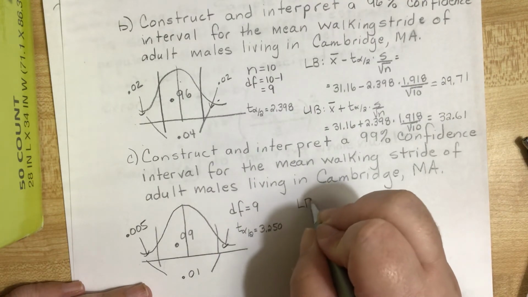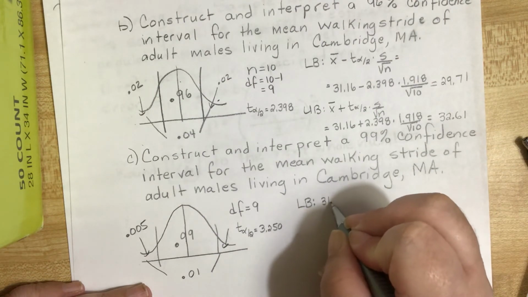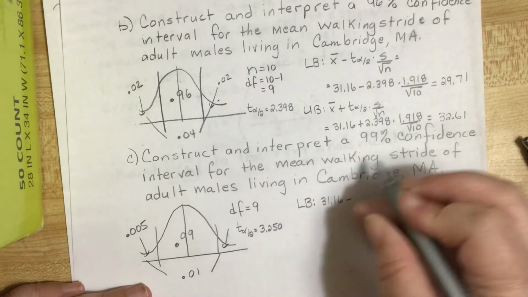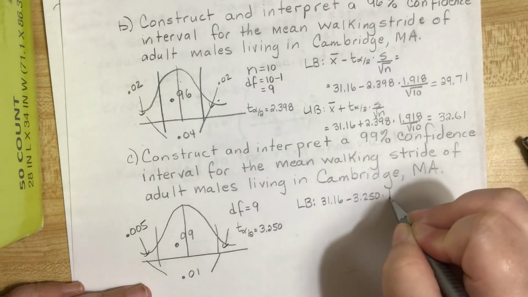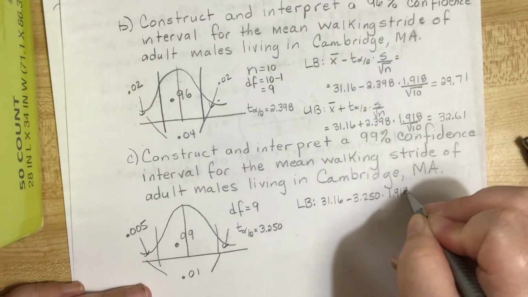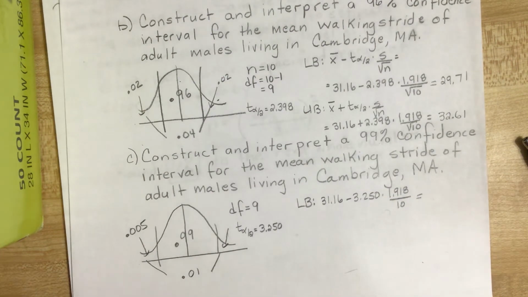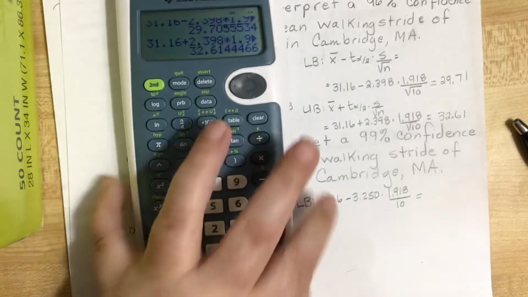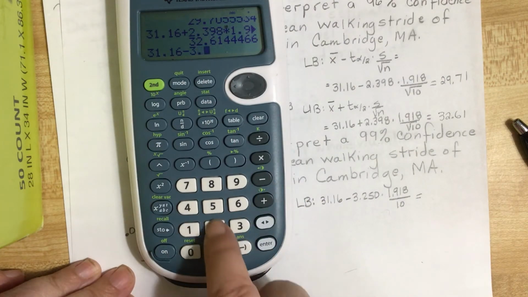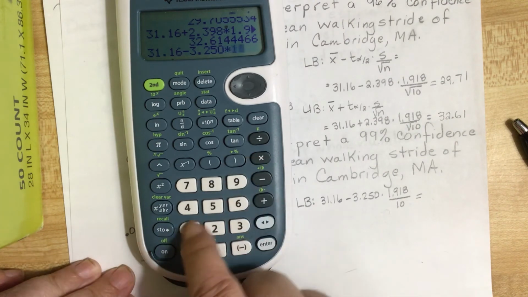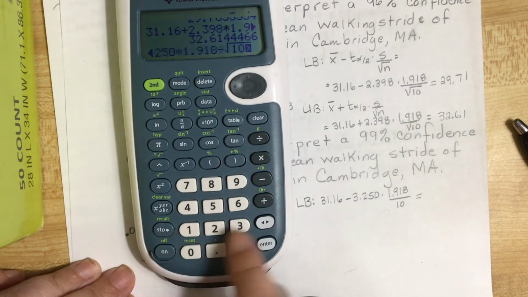So you have 31.16 minus 3.250 times 1.918 divided by the square root of 10.